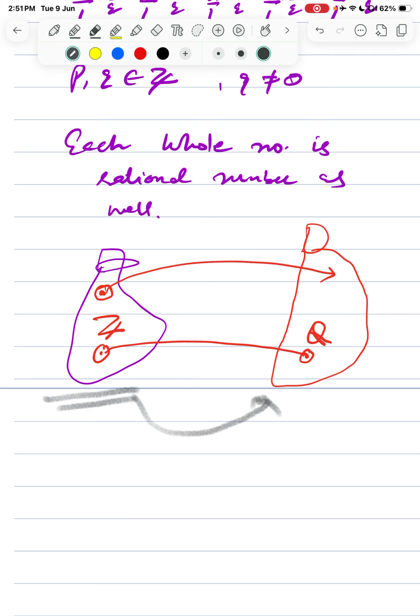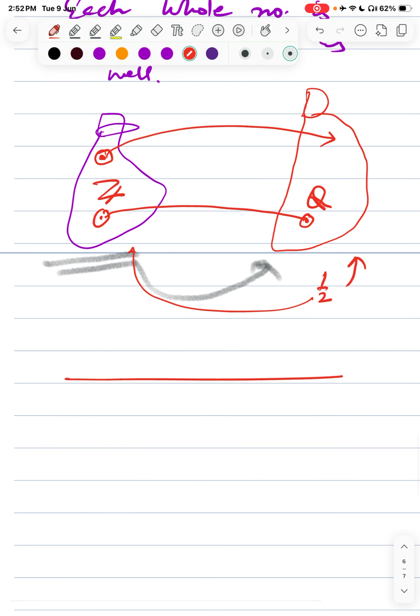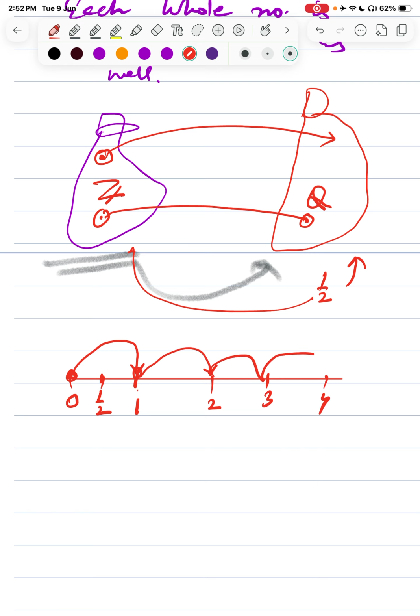But again you can take this 1 by 2, which is a rational number, but 1 by 2 does not belong to the whole numbers, because in whole numbers you start from 0, the next number that comes is 1, then 2, then 3, then 4.